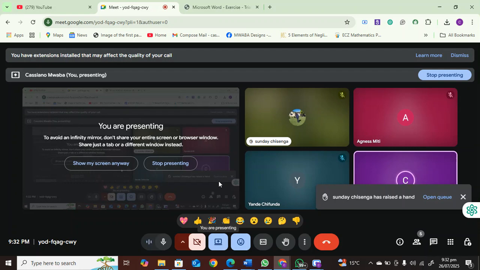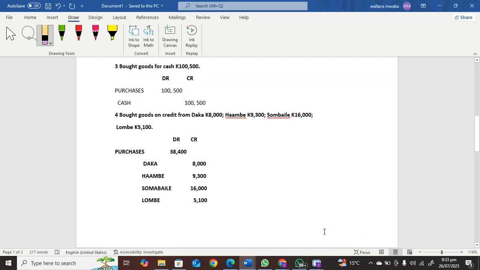So that's why I separated them like that. I could have done many journal entries, but to save time, that's why I did it this way. Any questions so far?